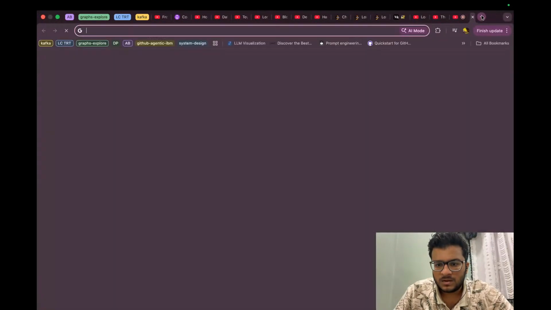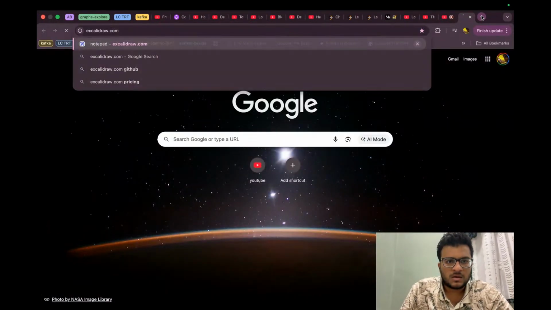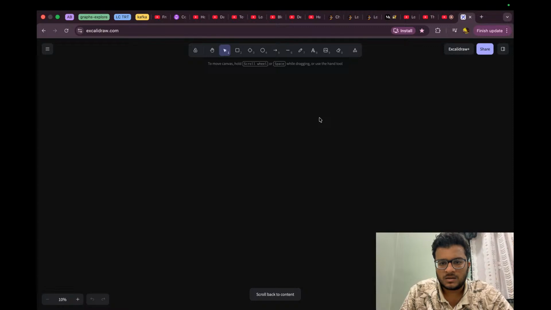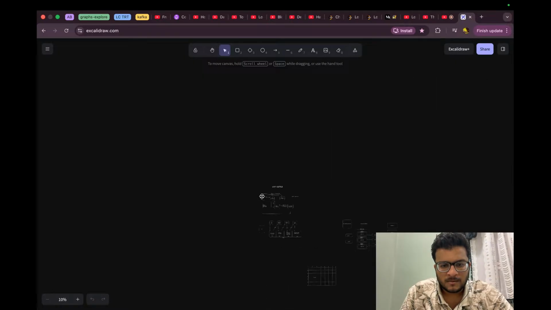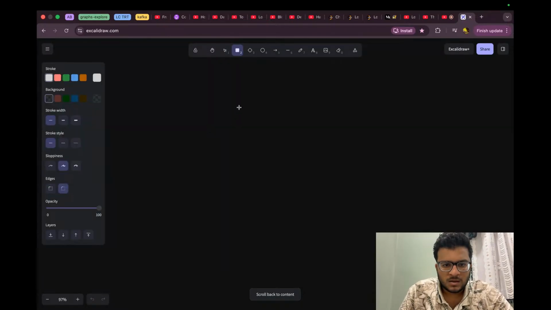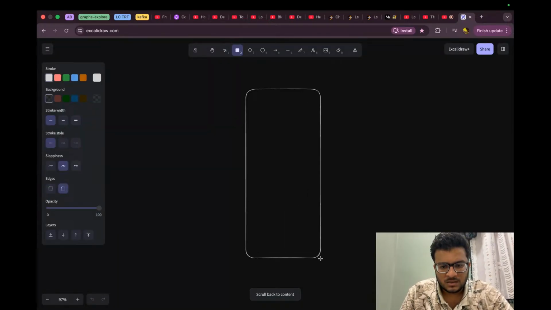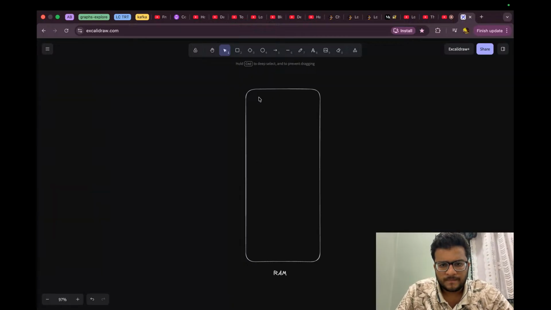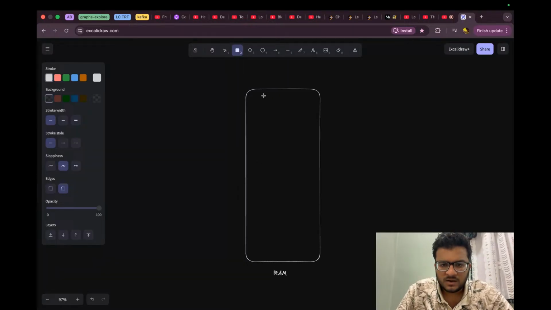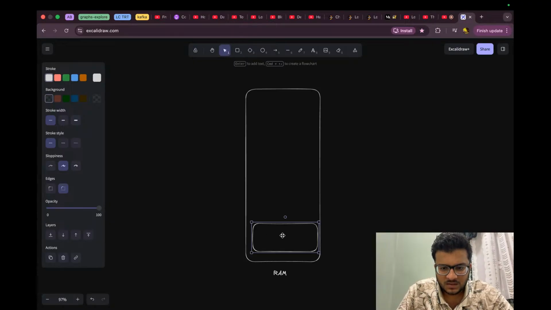Let me quickly open Excel draw and draw something. So if there is a RAM here, there are different parts in RAM. In fact, your OS lies here.